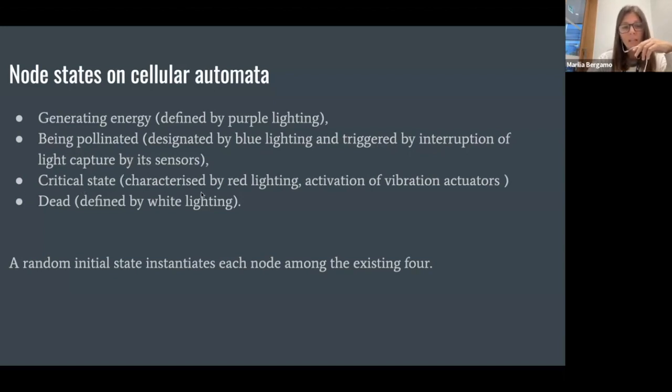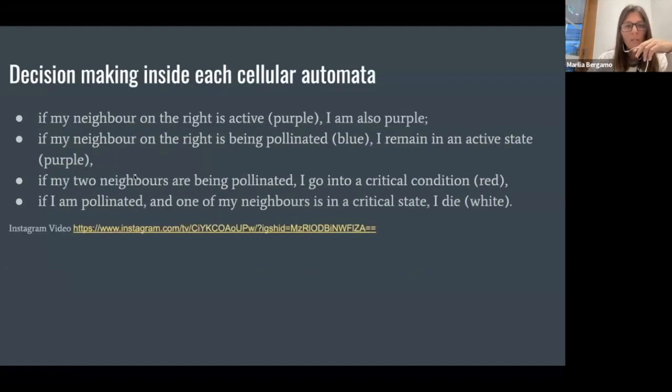We have a critical state, which was characterized by a red light, and we also activate the vibration actuators. And we have the dead state, defined by the white lighting. When we started the robotic structures, we started with a random initial state for all of them.